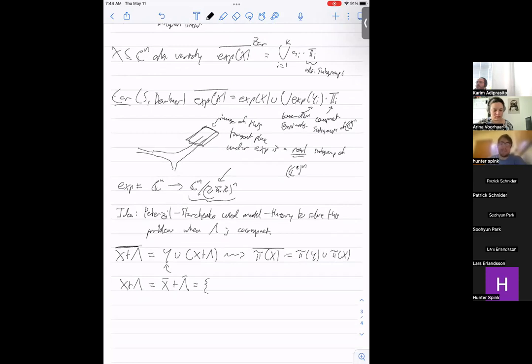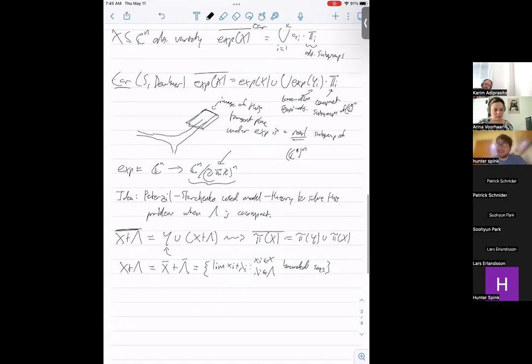So I'm going to write X plus lambda in a tortuous way as the limit of all limit points x_i plus lambda_i, where x_i in X and lambda_i in lambda are both bounded sequences. Sometimes this limit exists, sometimes it doesn't. When it exists, it goes in the set. Obviously I could have just said the set of all x plus lambda such that x lies in X and lambda lies in lambda, but I'm doing this for parallelism.